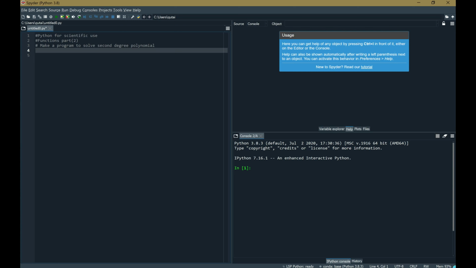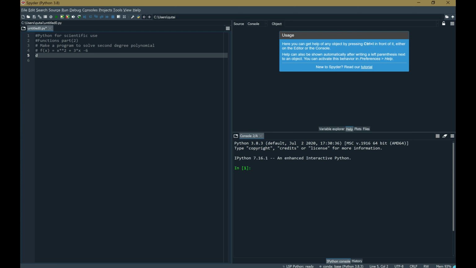Here we have this problem. Let's say y is equal, or f(x) is equal to x power 2 plus 3 multiplied by x minus 6.